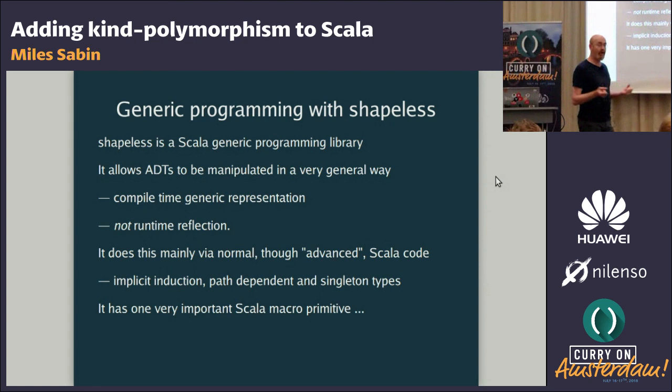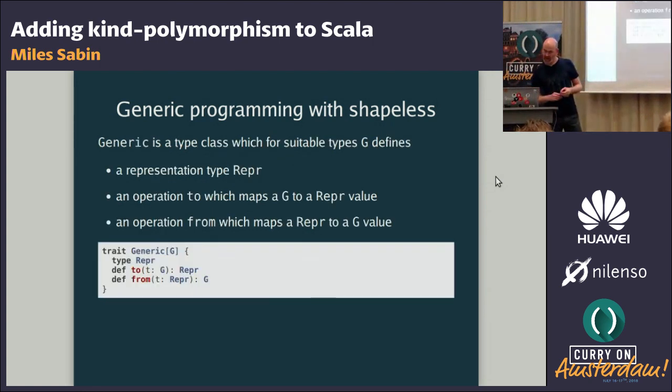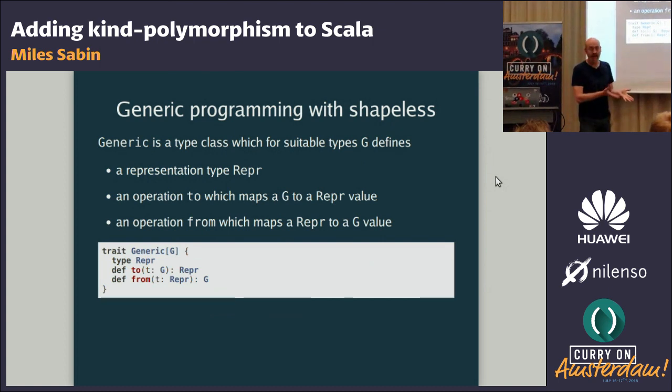And in particular, one of the things it does is it relies on a Scala macro called generic, which basically does the hop between the representation of an ADT in its normal Scala form and the generic representation that we work with. Generic is a type class that looks pretty much like this.